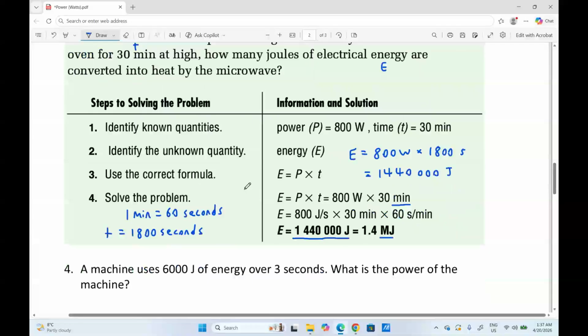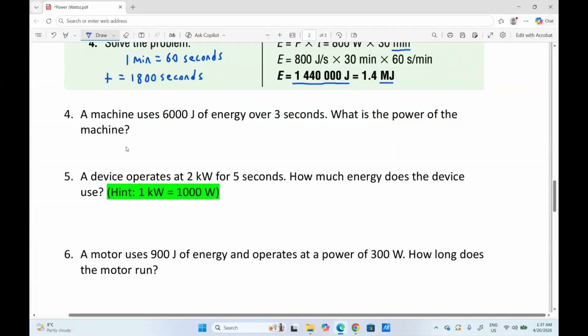So let's move on to some examples that aren't done for us and we can calculate them. So here for question 4, a machine uses 6,000 joules of energy. So that's my E for energy over 3 seconds, which is my time. What is the power of the machine?